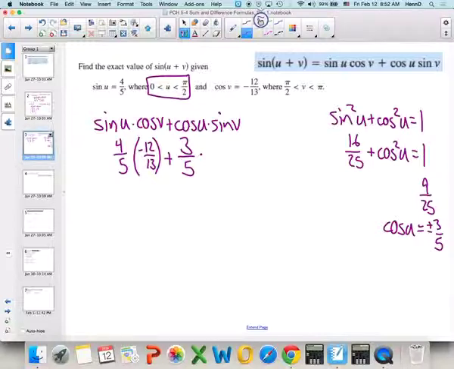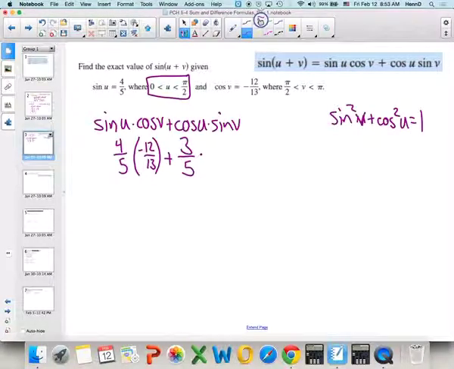Alright, then we have to do the same thing to figure out what the sine of v is. Now, notice if we're in the second quadrant, what do I know about the sine of v? It's going to be positive. Cosine is -12/13, so when we square that, it's 144 over 169.